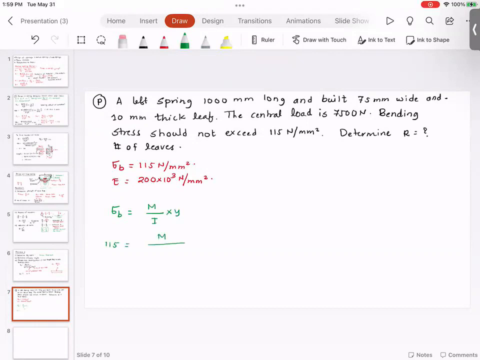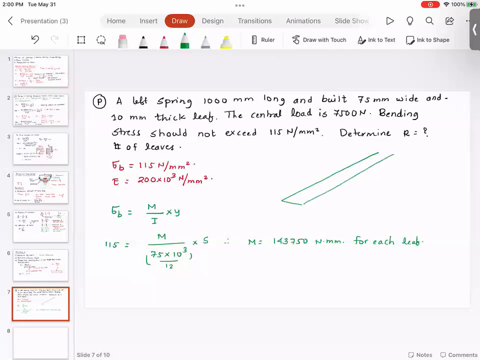M divided by I is 75 multiplied by 10 cube divided by 12 multiplied by 5. That gives M is equal to 143,750 Newton millimeter for each leaf. And if you look at the way this leaf is, something like this.